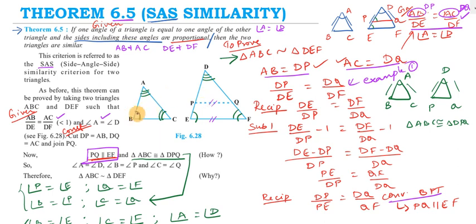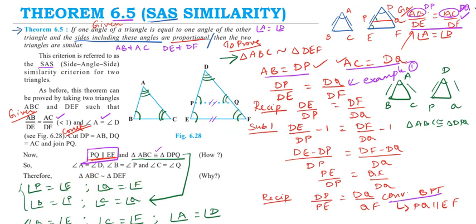Then with this I can say that through SAS congruency, which we learnt already in lower classes, triangle ABC and triangle DPQ are going to be congruent. So in that case, we know angle B will be equal to angle P. Likewise, angle C will be equal to angle Q. We also know by the corresponding angles that this angle and this angle will be equal.